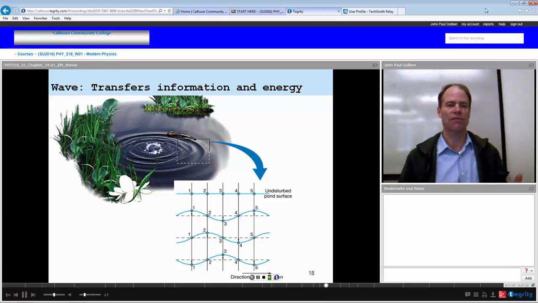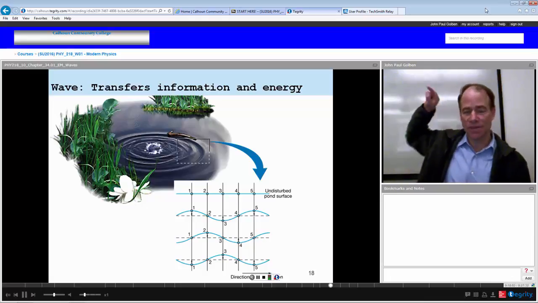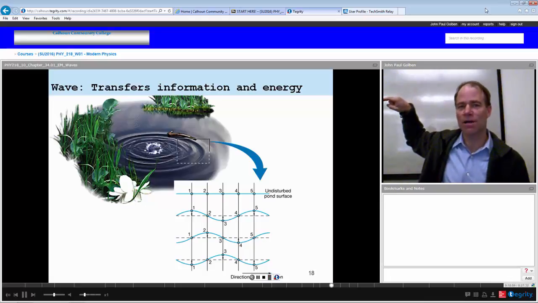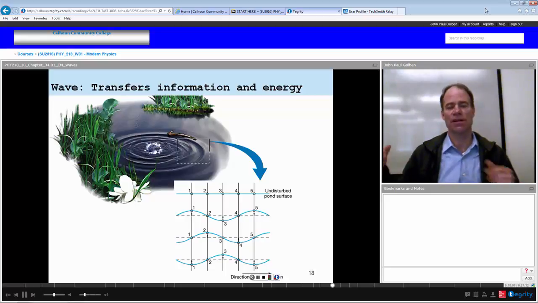An example would be if you were sitting in a pond. I don't know why you'd be sitting in a pond, but if you were just sitting there and all of a sudden a wave came along, you would recognize by the action of the wave that, hey, something over there fell in the water. And hence, in a sense, that wave transmitted information to you.